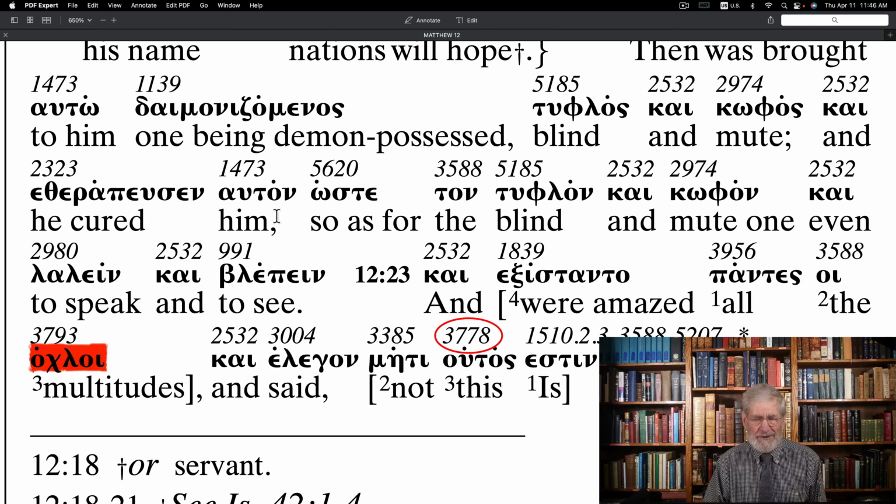Oh, thank you, Jesus, to cure people that are like that. I wish this would happen more. Then "hoste ton typhlon kai kophon lalein kai blepein," so as for the blind one and the mute one, even to speak and to see.